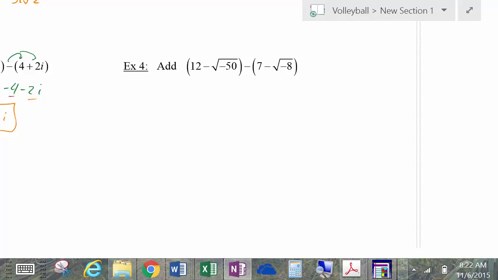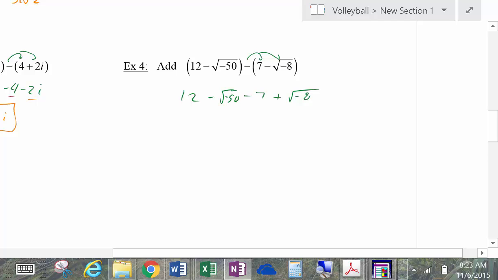All right, this one's a little bit less obvious. What do you do first? Distribute the negative? Sure. Always to the right, so negative 7 plus square root of negative 8. Now what? All right, you always want to take out the i's. Oh, whoops. The i's.